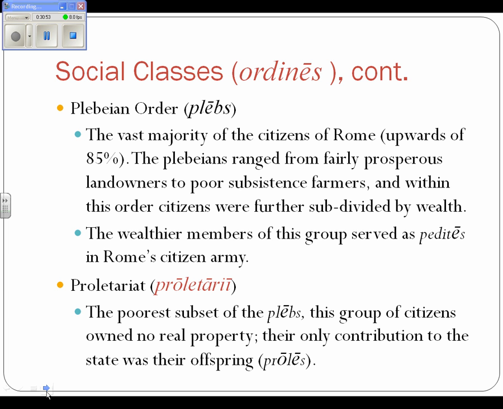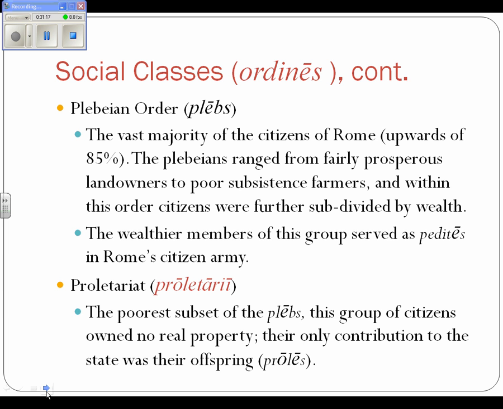They were the vast majority, but they had the least power, the least wealth, the least prestige, and the least opportunity to participate in Rome's government, which is one of the reasons why Rome's government had some turmoil and ups and downs. Okay? All right.